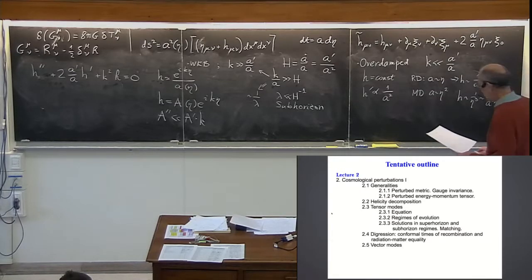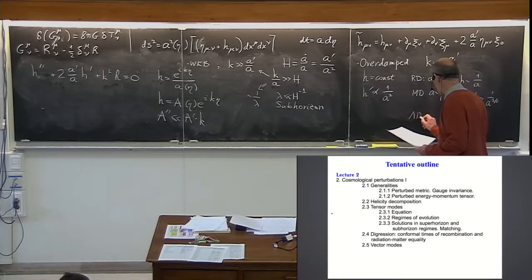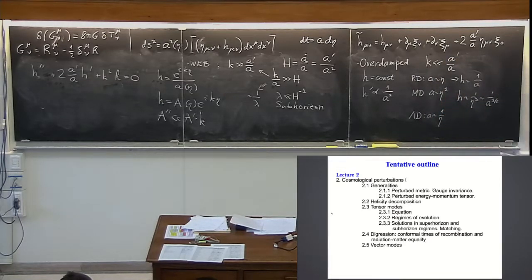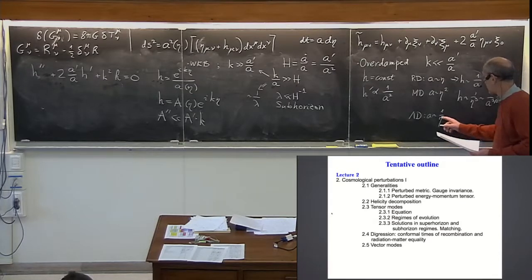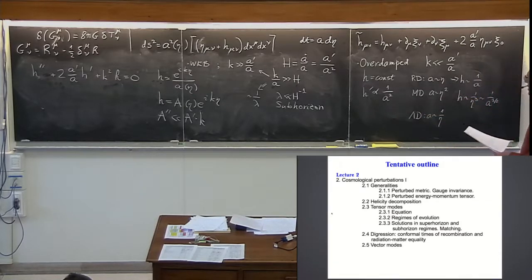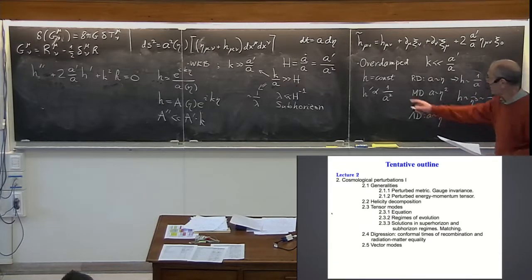And at lambda domination, for example, a goes like 1 over eta. And remember, in this case, eta grows from 0 towards infinity, and here eta grows from minus infinity to 0. And then here I have eta squared on the right-hand side.